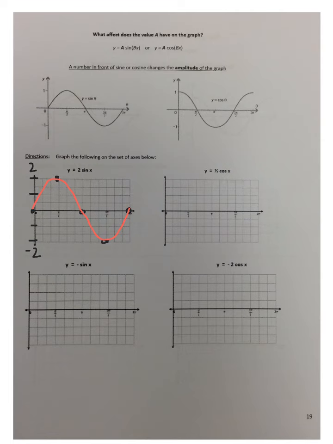Okay? All right, so we're going to do the same thing with the next one, but it's a cosine curve, and look at its amplitude. Its amplitude is 1/2, so we're not going up to 1, we're going up to 1/2. So maybe, for example, I could make this a 1, and I could make this a -1. And I know I'm going to look up here, look at my cosine curve.